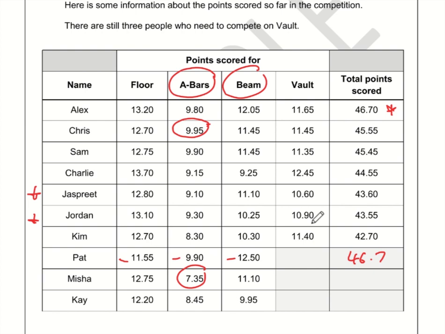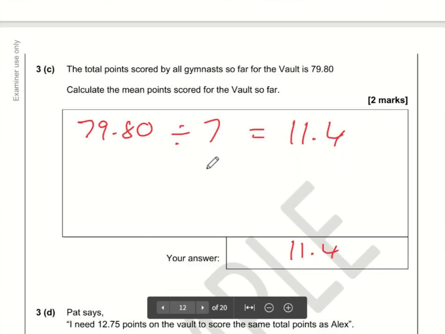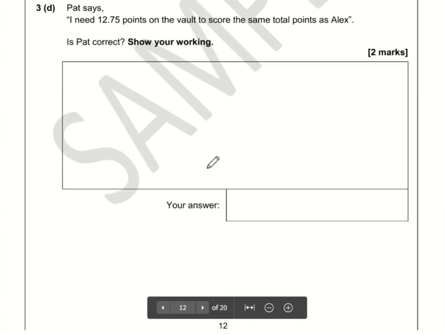That comes to 12.75. So all these workings out need to be written in the box, but I thought I'd just do them here so I'm not scrolling up and down a few times. So 12.75, and so is Pat correct?